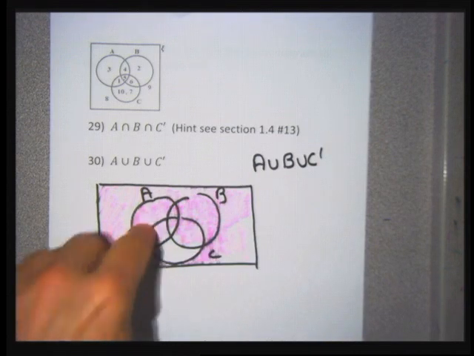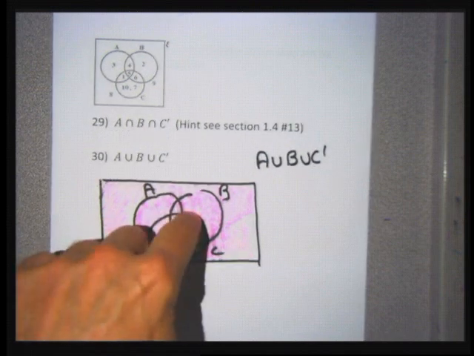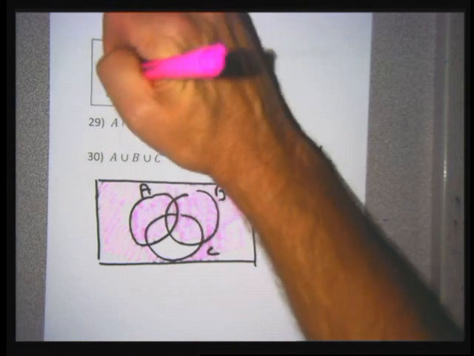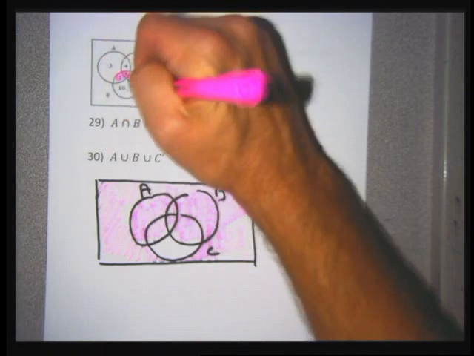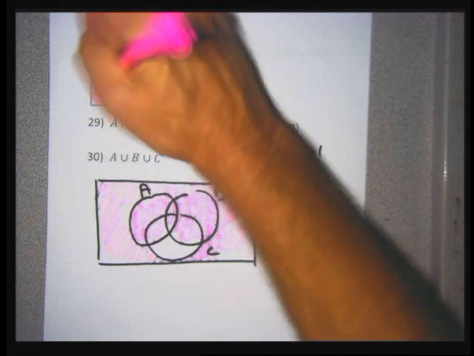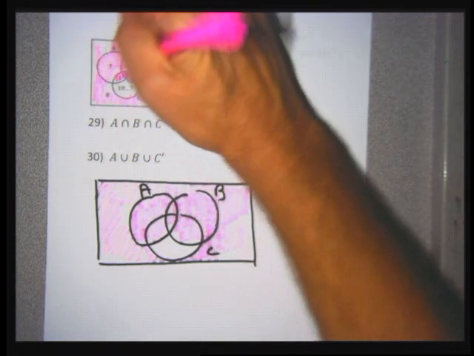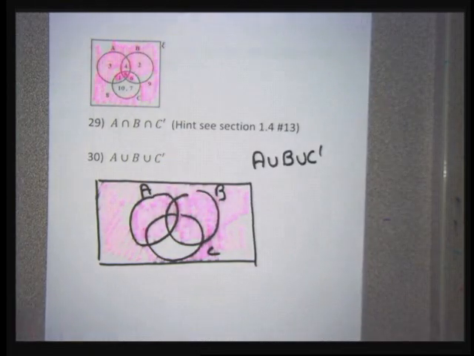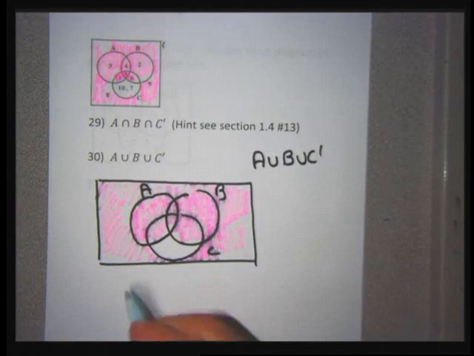It's anything in the A circle, anything in the B circle, anything outside the C circle. So it's almost everything. I'm going to apply that to my diagram. And applying that to my diagram, I get an answer for number 30.